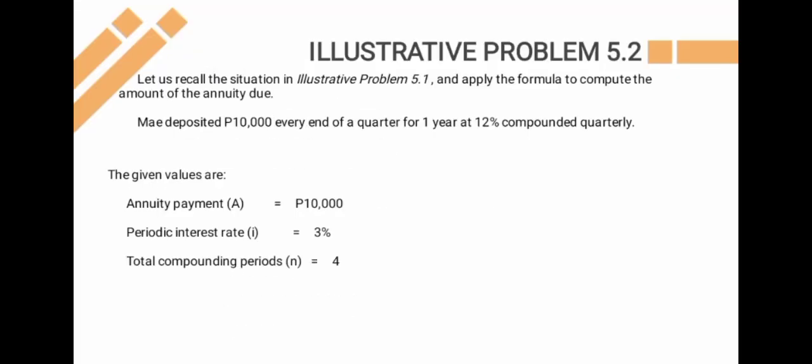Let us recall the situation in illustrative problem 5.1 and apply the formula to compute the amount of annuity due. May deposited 10,000 every end of quarter for 1 year at 12% compounded quarterly. The given values are annuity payment A is 10,000, periodic interest rate i is 3%, and total compounding periods n is equal to 4.